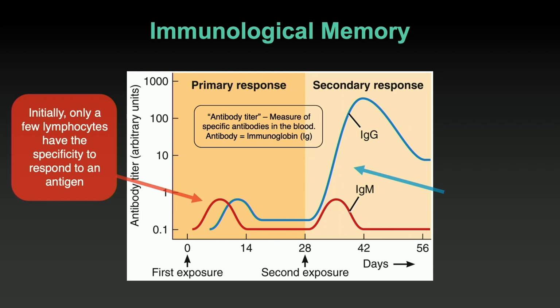So what we're looking at here is an example of an antibody-mediated response to a given pathogen. And the antibody titer is a measure of antibodies in the blood. Just how much is in the blood. The more there is, the more of a response is being mounted.